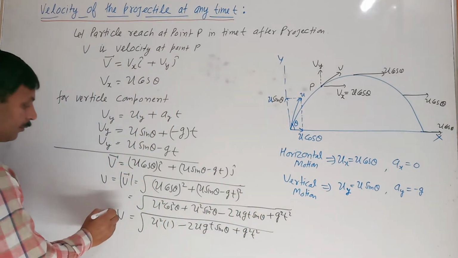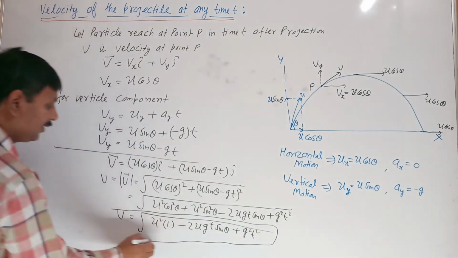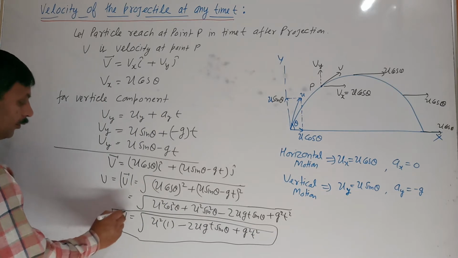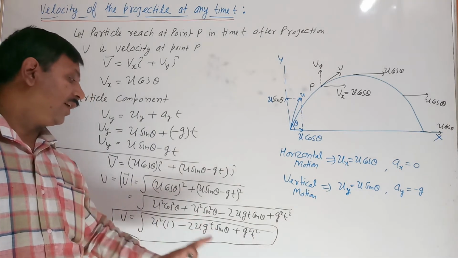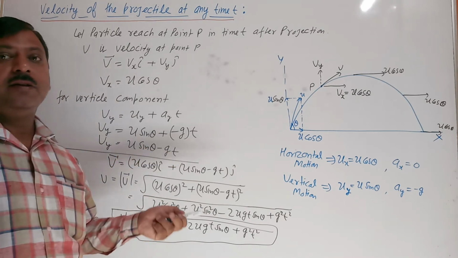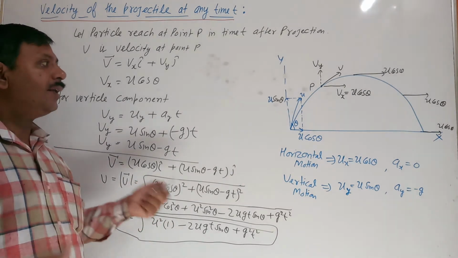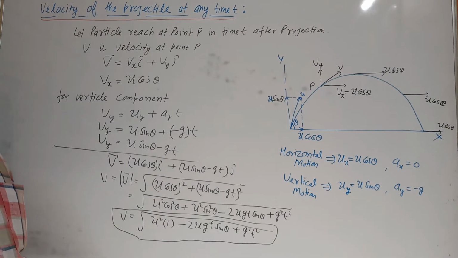So this will be the formula for velocity at any instant. What will be the velocity at any instant? Under root u square minus 2u gt sin theta plus g square t square. So this is the equation for the value of velocity at any point of the projectile or at any instant.